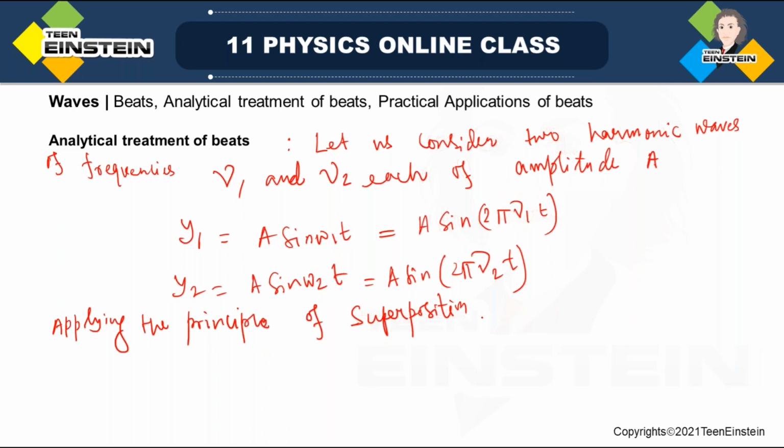If we apply the principle of superposition, the resultant is y = y1 + y2.